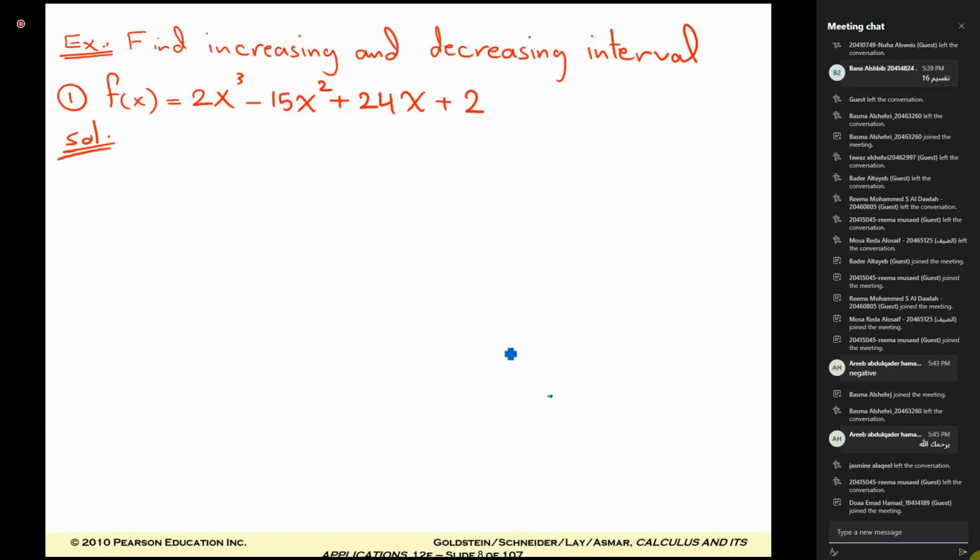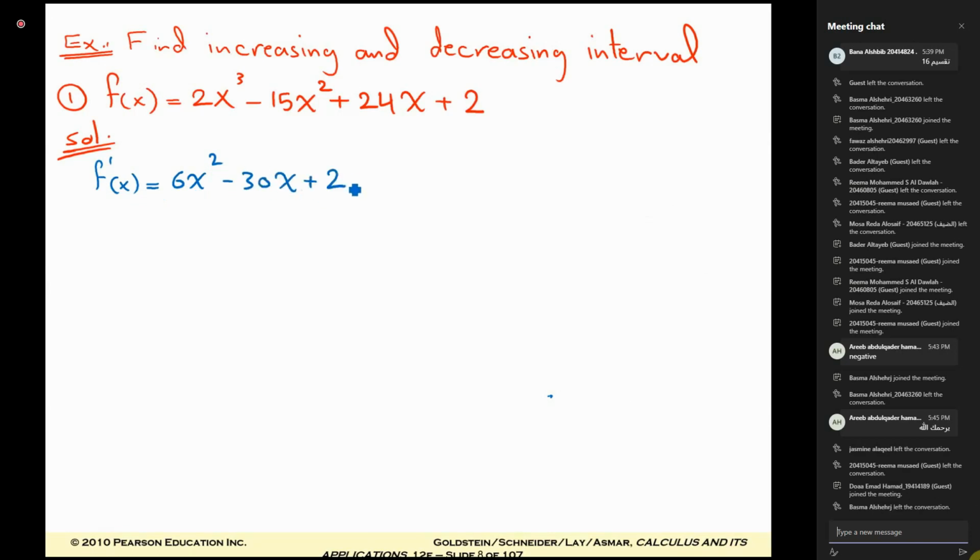Firstly, we need to find the stationary points. So find the f prime: 6x square minus 30x plus 24 equals 0. We can divide by 6. Why? For more simplifying the equation, we need to solve the quadratic equation.